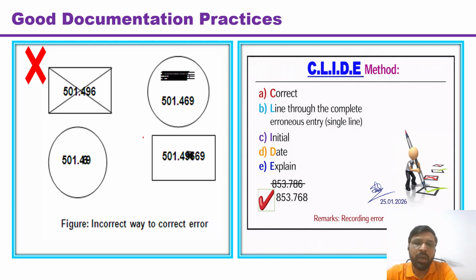Here, this diagram clearly indicates the wrong patterns to cut a mistake. Putting two lines, overwriting, or cutting a small portion are all incorrect ways to correct the error.